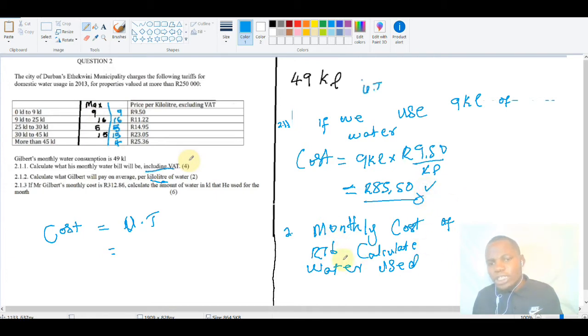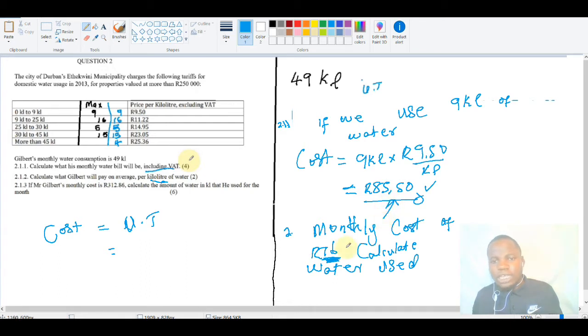But now your question is saying, if your monthly cost is 76 rand, calculate the amount of water that you have used. So now you reason, okay, 85 rand 50, I will only account for 76 rand, which is less than the maximum that is there.